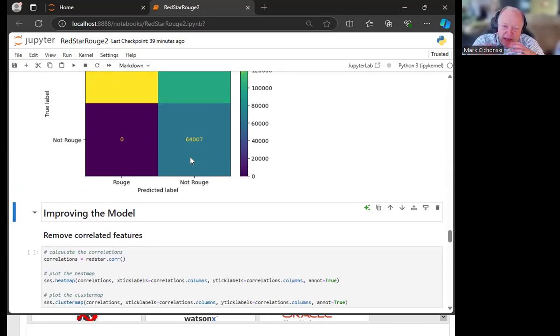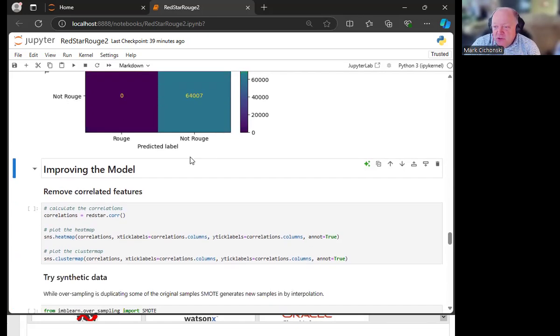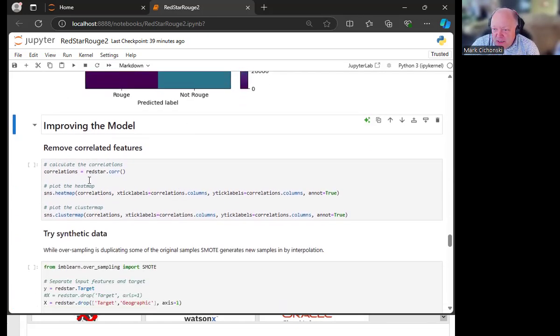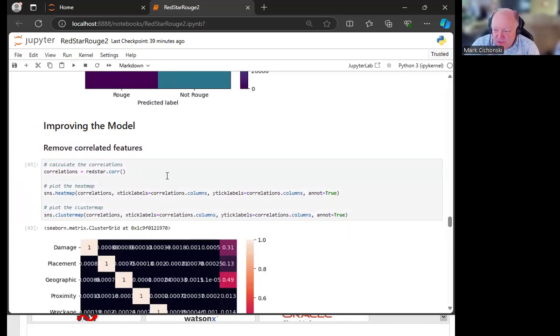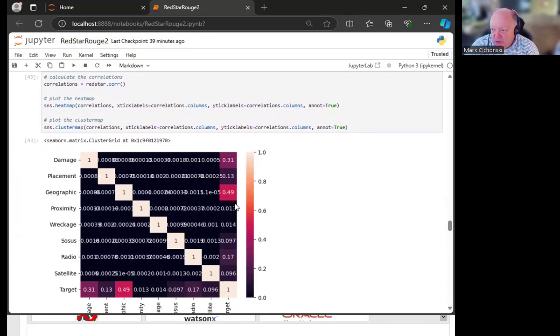So again, if we go back to the objectives of this particular video, one of the objectives was how could we improve the model? One of the things you might do is run a correlation to see which factors are correlated. When I look at this, I really don't have anything that's super strong, one being highly correlated.